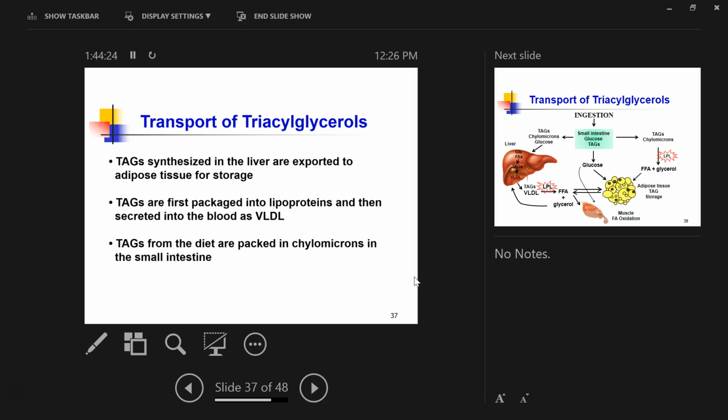But triglyceride absorbed from the diet in the small intestine, we talked about it, if you still remember, is carried by a different lipoprotein, which is chylomicron. Chylomicron is synthesized in the small intestine and carries the triglyceride from the small intestine to the adipose tissue for storage.